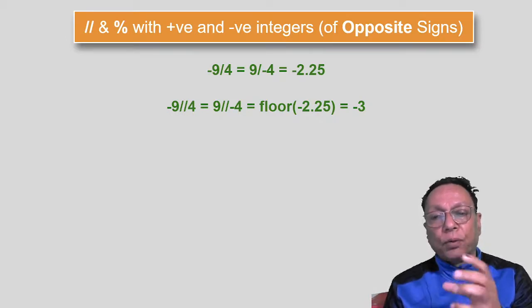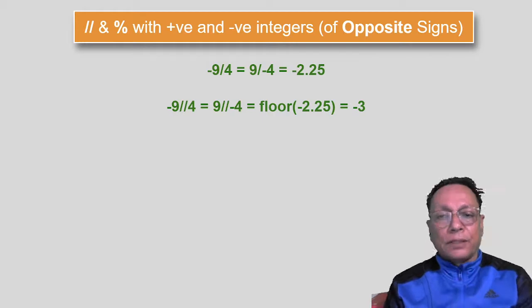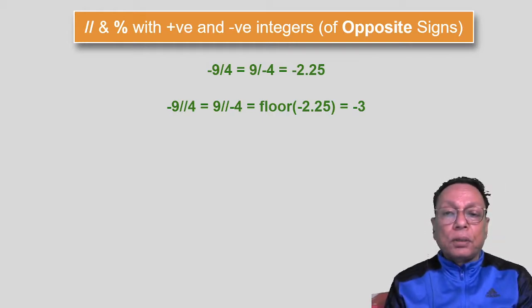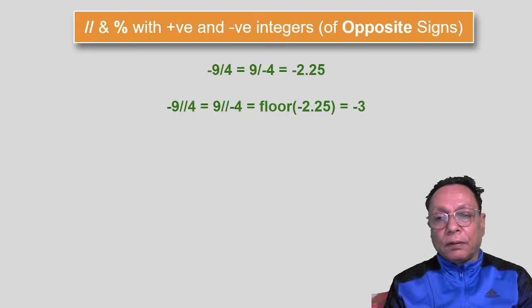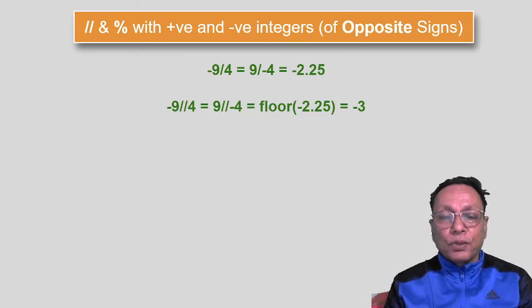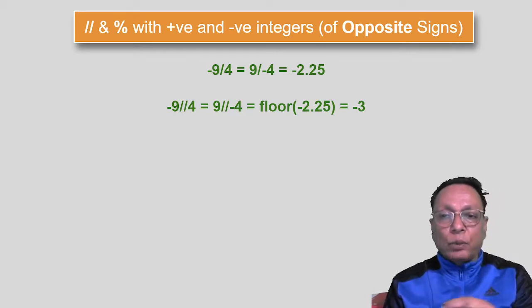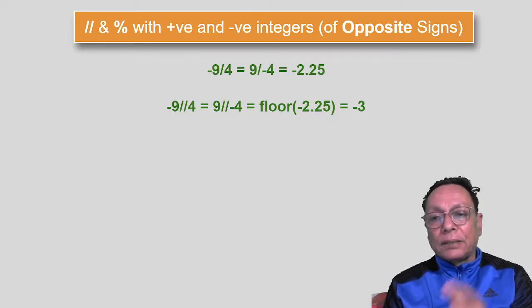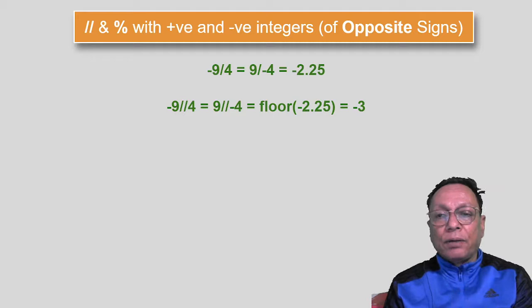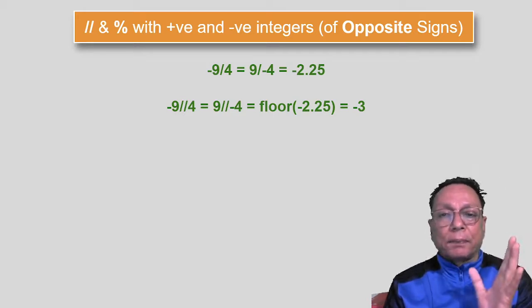So the floor of the quotient is minus 3, because minus 2.25 lies between minus 2 and minus 3, and the lesser value is minus 3, and hence the quotient is minus 3.